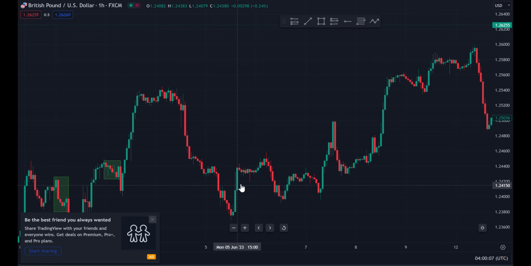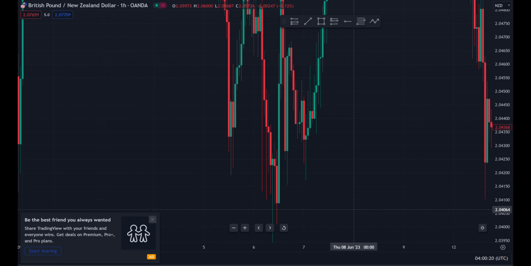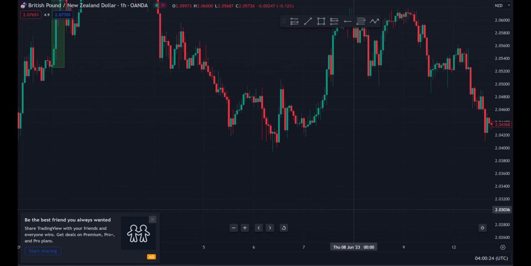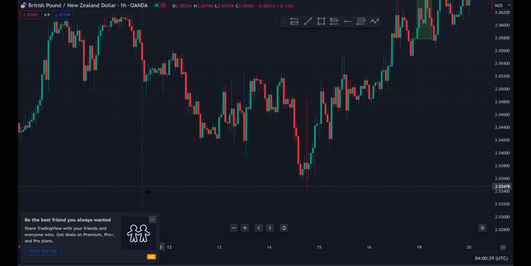We need a rally base drop, then the market comes back and taps into the drop, then that's what we need. We're going to look for that, or maybe let me look for that in live markets.